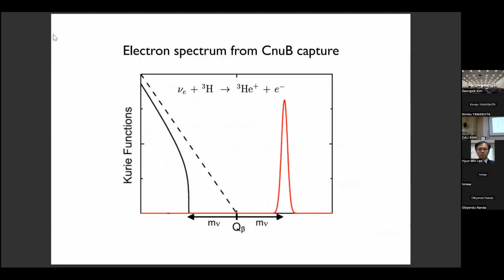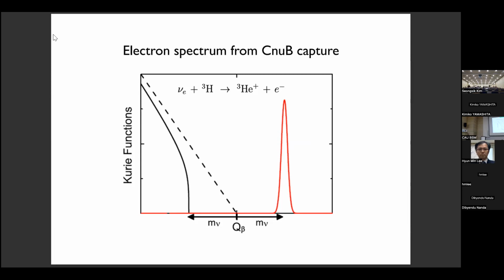Anyway, with the same experiment, we can measure this cosmic electron neutrino. This dashed line is the energy spectrum of the electron when the neutrino is massless. If the neutrino is massive, the endpoint moves by the amount of the neutrino mass to lower energy. But if there is a cosmic neutrino, the neutrino interacts with the tritium and also produces an electron.